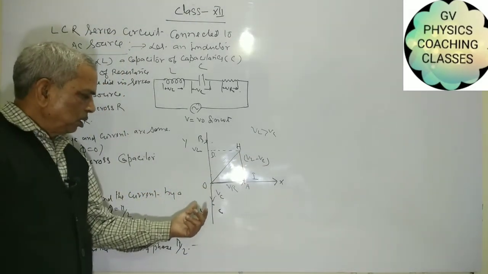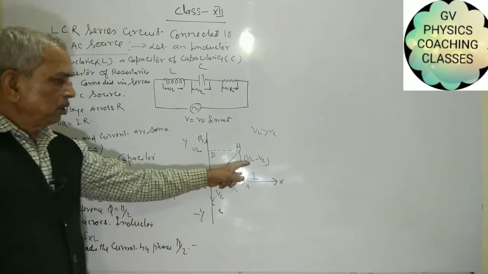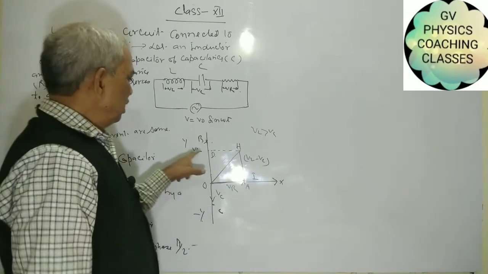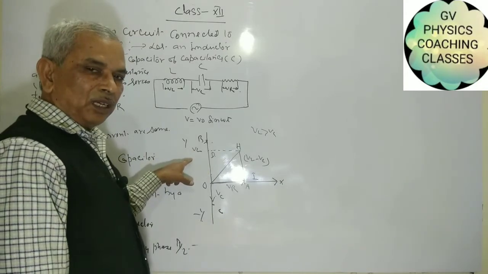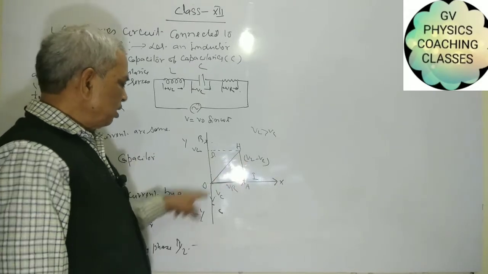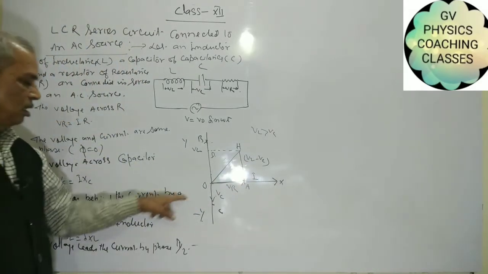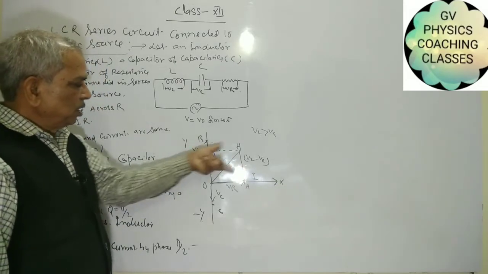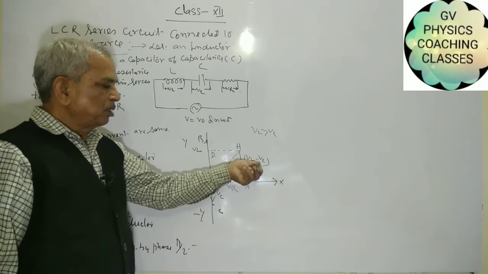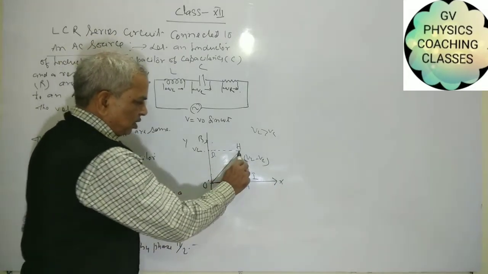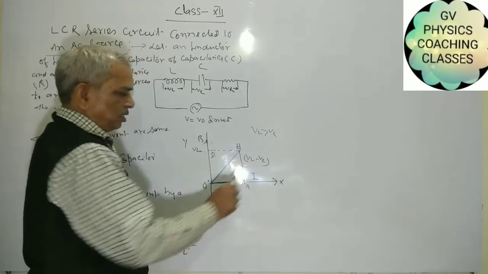So if the voltage across the inductance is more than the voltage across the capacitor, then the difference between the voltages, VL minus VC, is just equal to OD, or OD equal to AH.